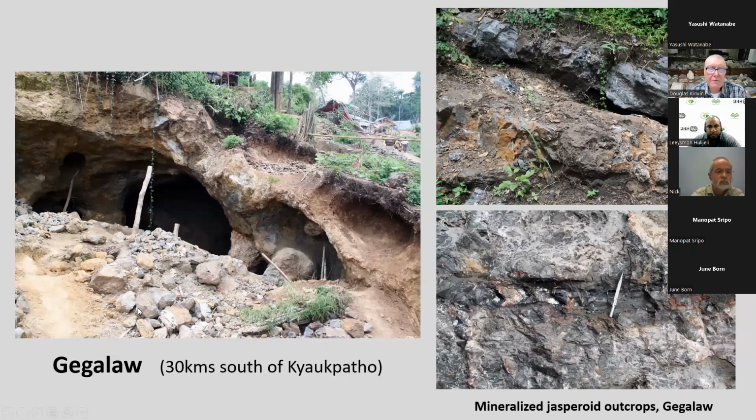Further to the south of Kalkpato, there are several jasperoid gold-bearing occurrences, most of which are the subject of small-scale mining, and this is somewhat reminiscent of what we saw at Abong, with jasperoid ledges and artisanal mining focused on those jasperoids.